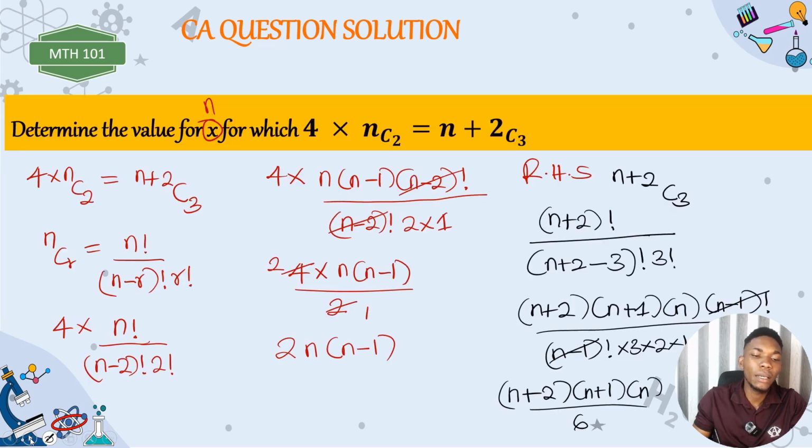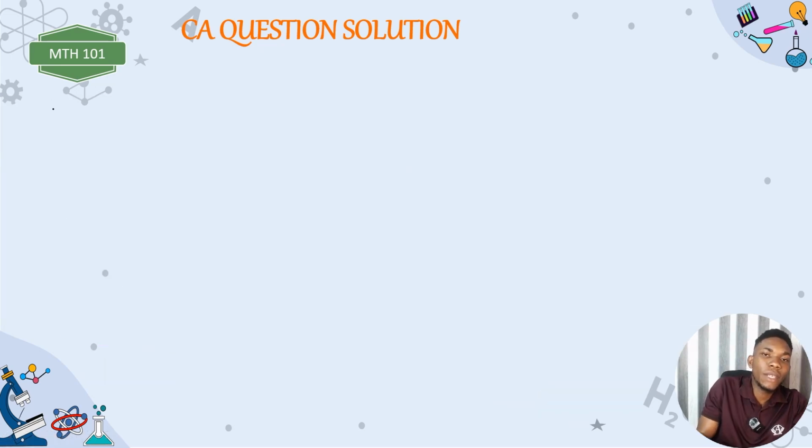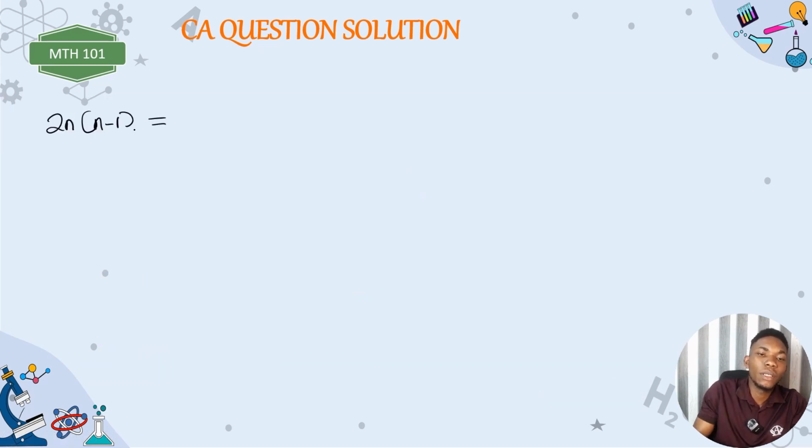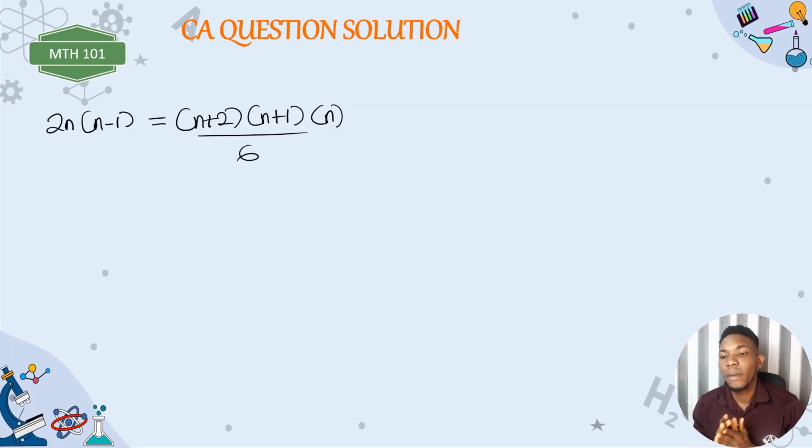What we have on our left hand side is 2n bracket n minus 1. What do we have on our right hand side? We have n plus 2 bracket n plus 1 bracket n, then divided by 6. Is that okay?